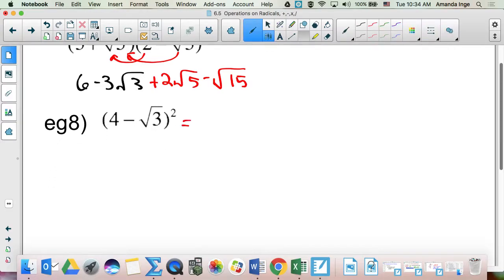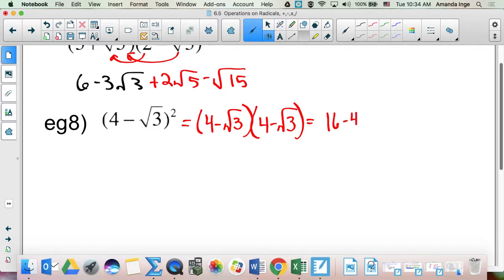Write it down twice, guys. If you don't write it down twice, half of y'all give me the wrong answer. You multiply these together, you're going to get 16 minus 4 square roots of 3 minus 4 square roots of 3 plus 3.